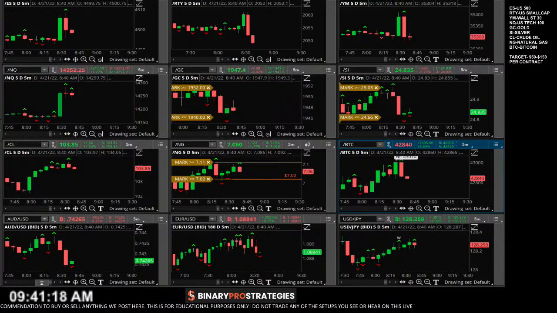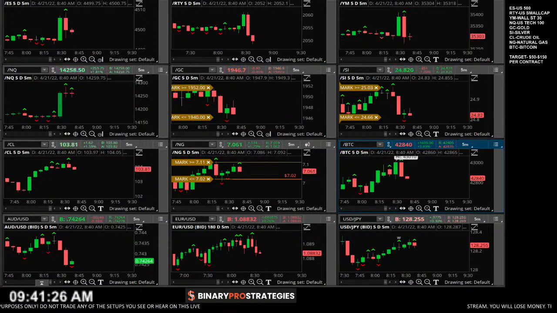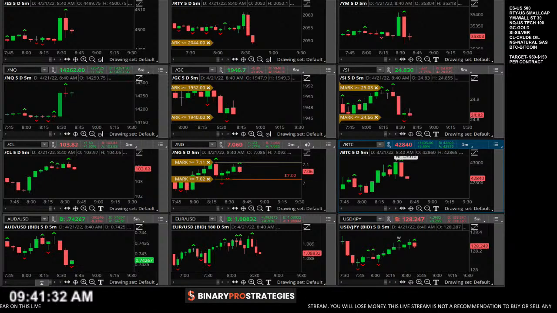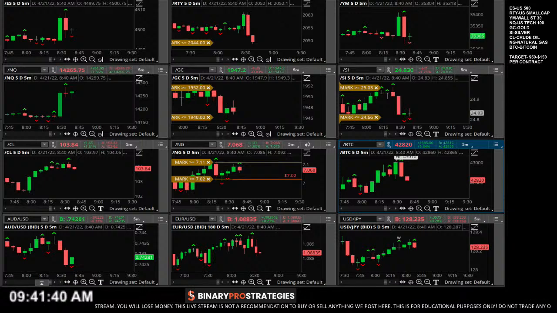Target on RTY is going to bring us down to 2044. And reversal is going to be 2059 if we don't hit target first.